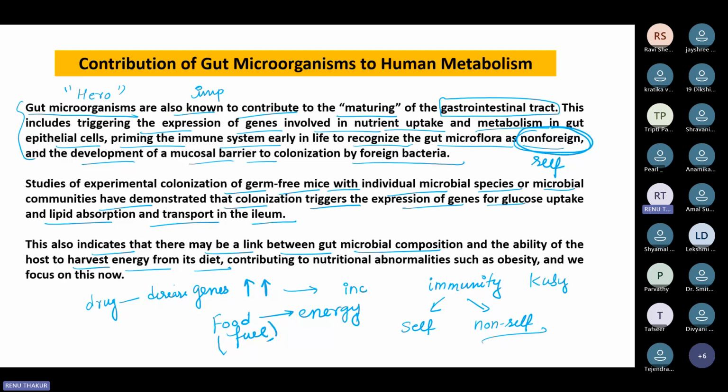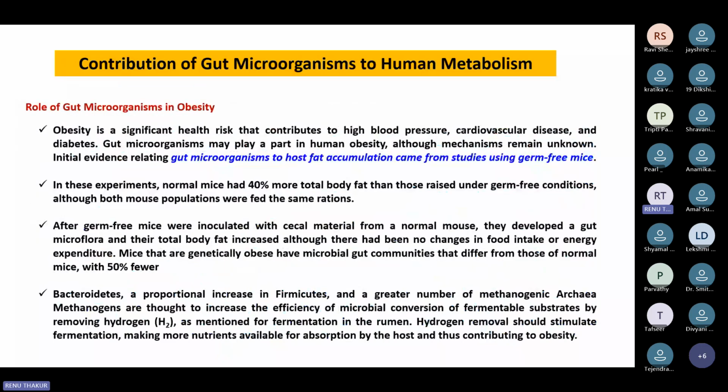If a person's microbiome is disturbed, you can see that person will always be lacking energy. So this is the condition with an obese person, or the person having obesity, and we can focus on this now. An interesting part: we can see the role of gut microorganisms in obesity.